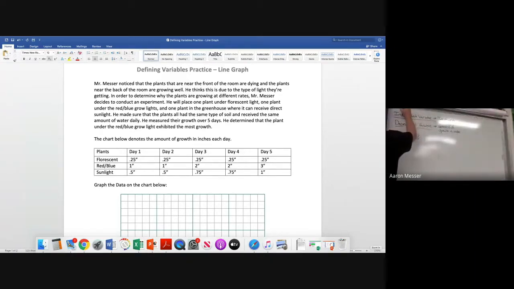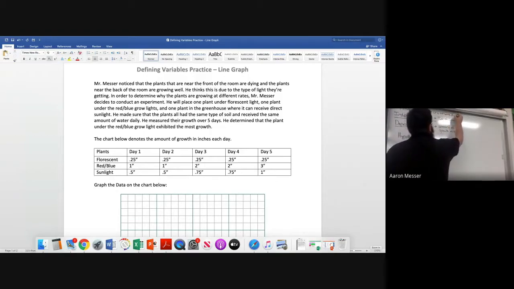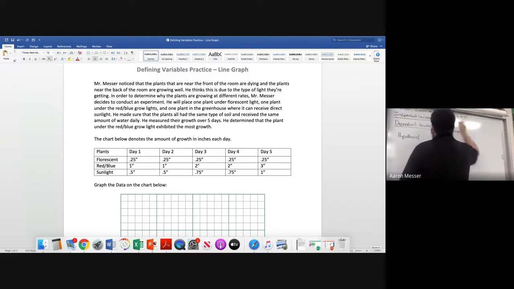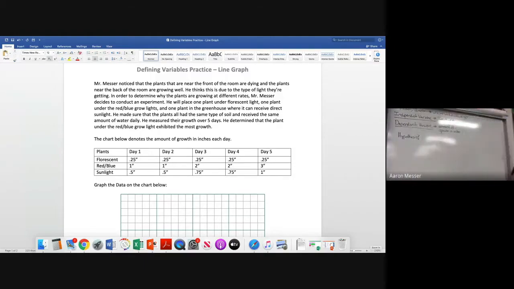The problem/question is, why are some plants dying? But what's the hypothesis? What is the tentative explanation for what's going on?